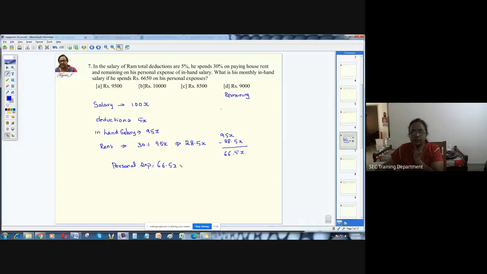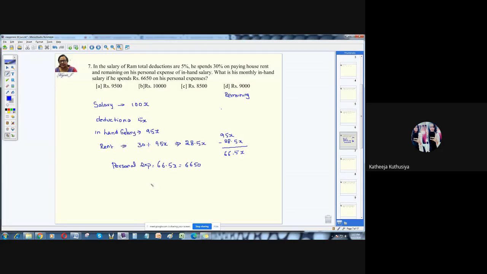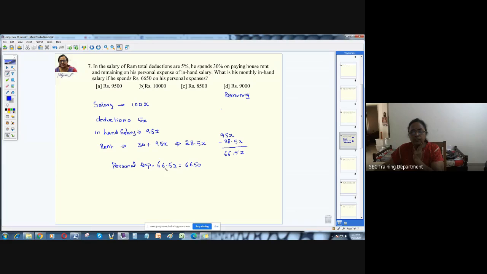The balance you have is this, and that is given as 6650. So x is how much? X equals 6650 divided by 66.5. I'll put one more zero here because I'm just taking out this decimal point. So it's nothing but 100.